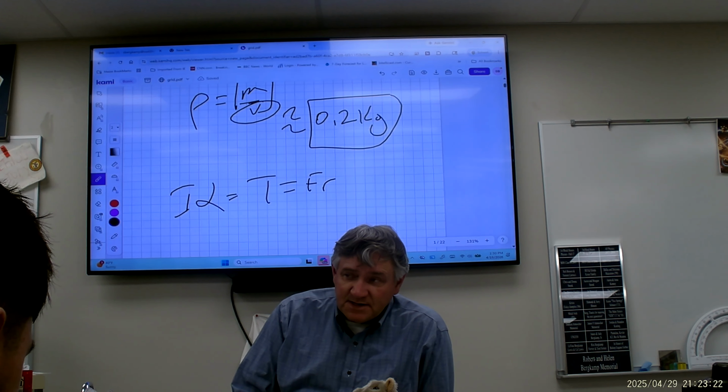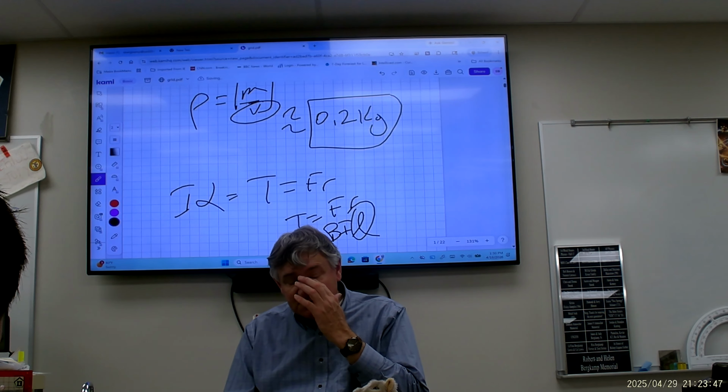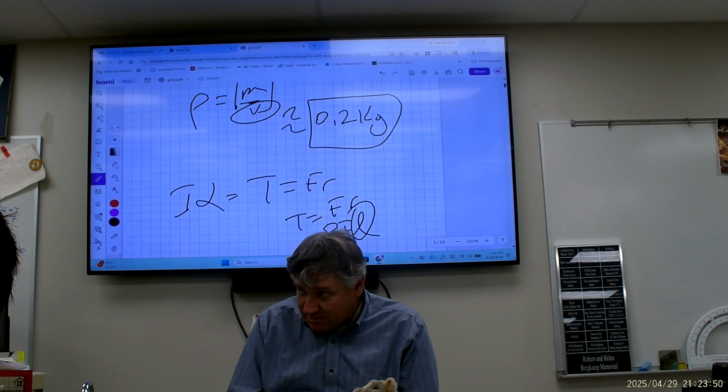So the torque is going to be force times radius, but the force is going to be built from the magnetic field strength and the current, which you know. Now, the length is whatever is actually in the magnetic field. It isn't the entire length, it's whatever is going to be feeling that particular force.